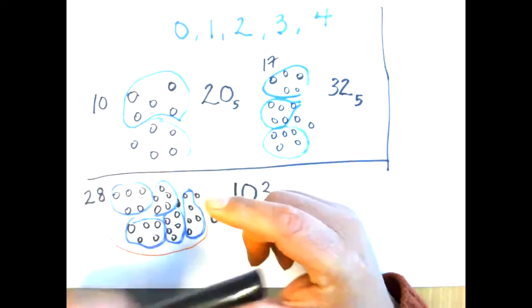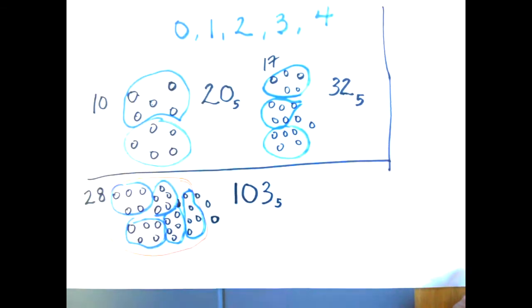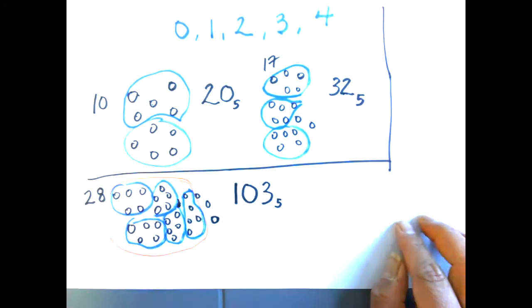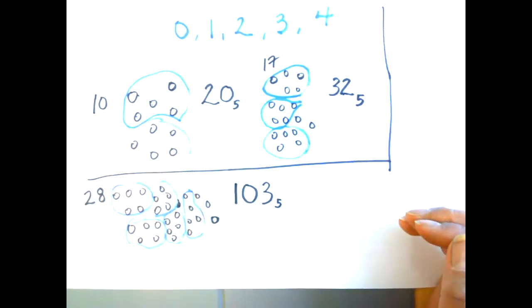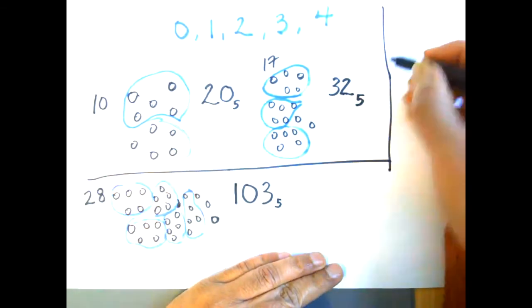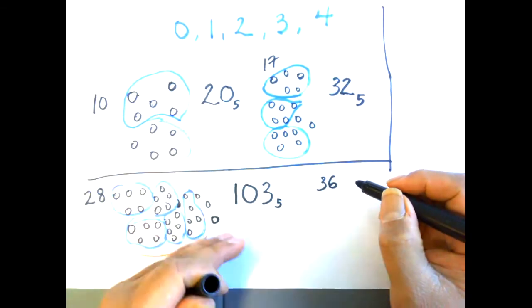Now, I have homework for all of you. The question is, how do you write number 36 in base 5? So the work is basically how do you write 36 in base 5?